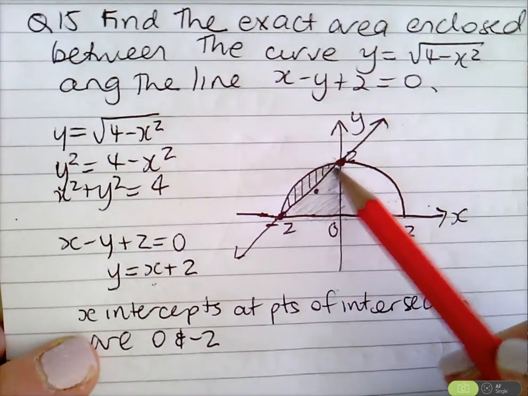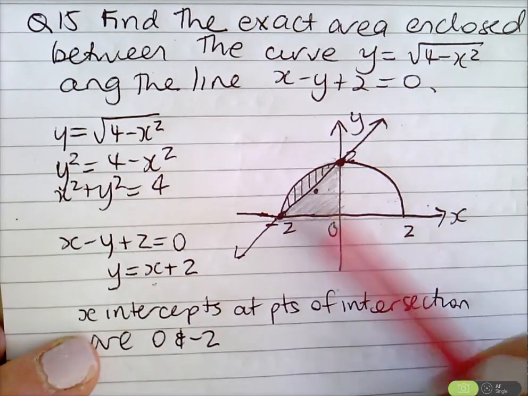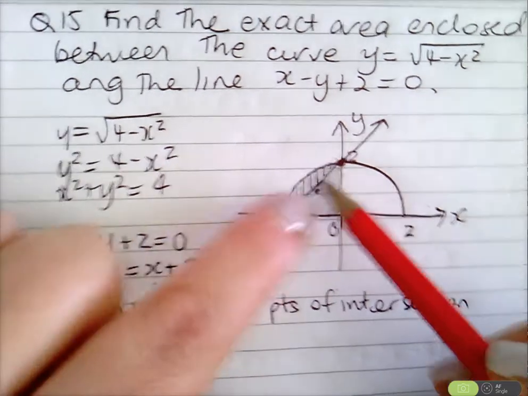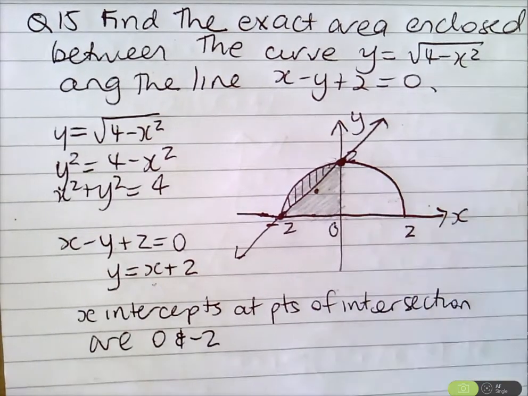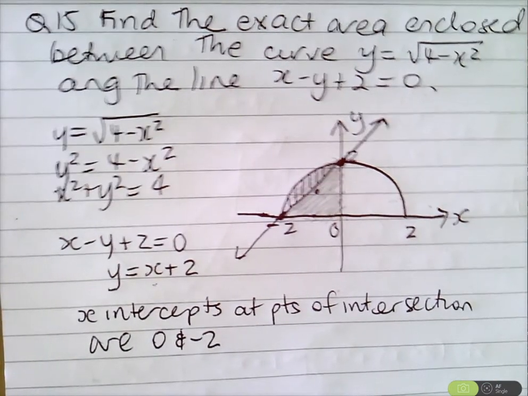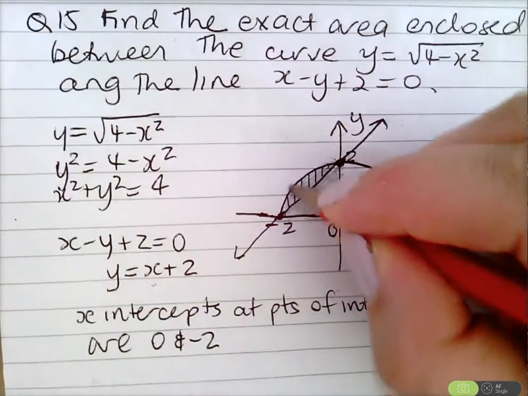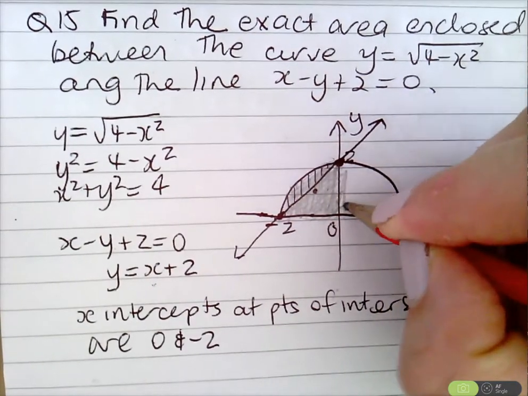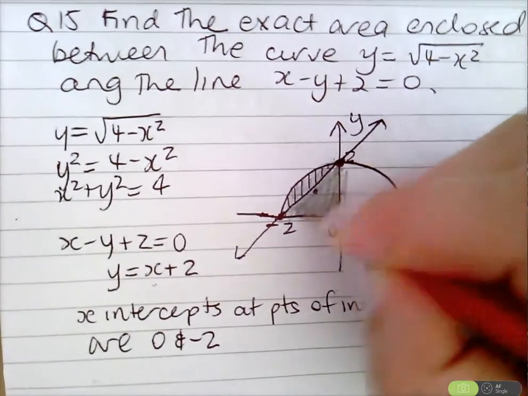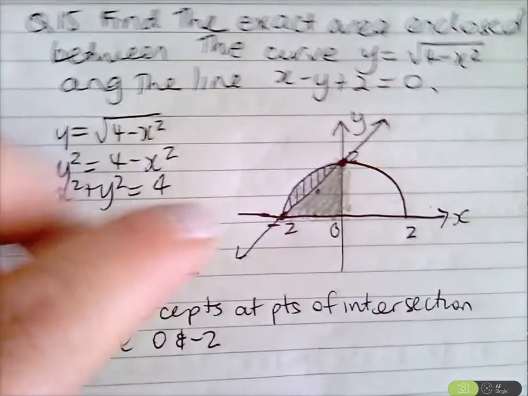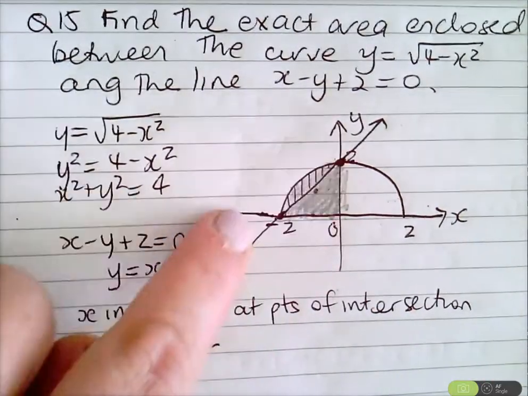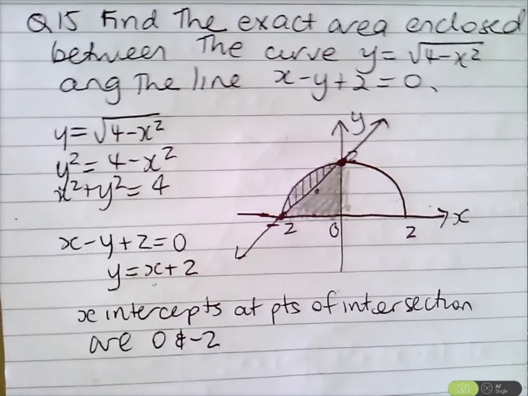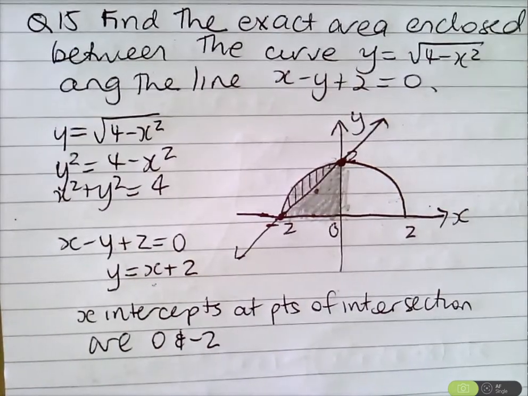And if you take away the area under the straight line, aren't you left with just that? Yes. That's why you do the integral of the top curve. The integral of the top curve gives you all this, and the integral of the bottom curve gives you just down there. So if you do top curve minus bottom curve, you get the black lined bit. Do you get the idea? That's why you do top curve minus bottom curve.